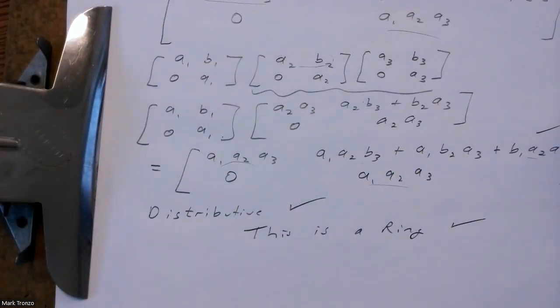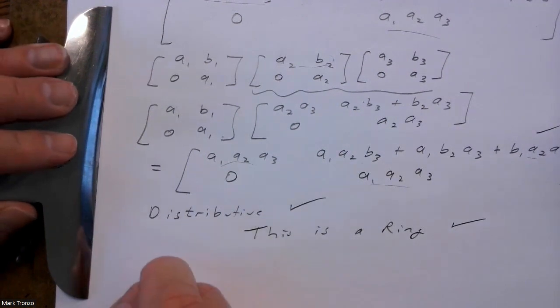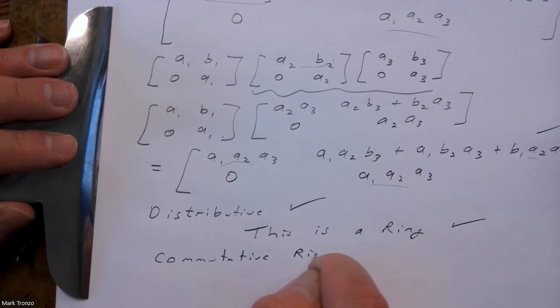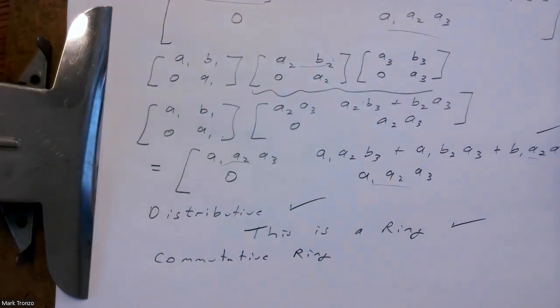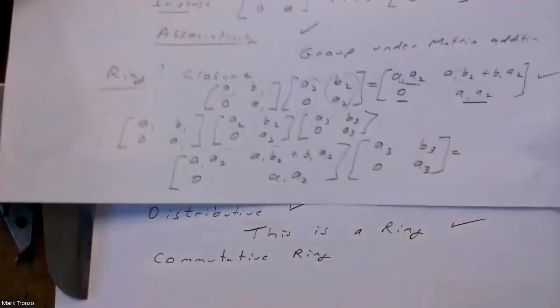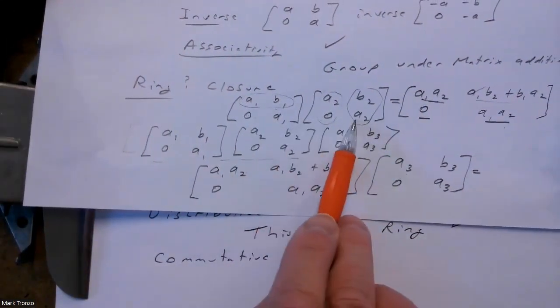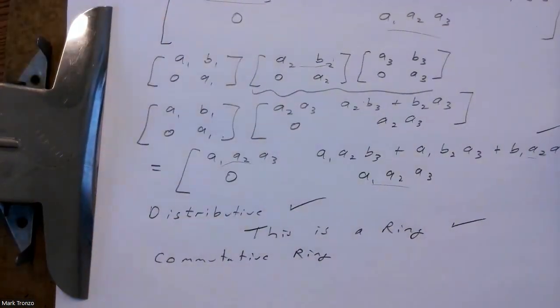And the next question is, is it a commutative ring? We already calculated it one way. Let's calculate the other way.